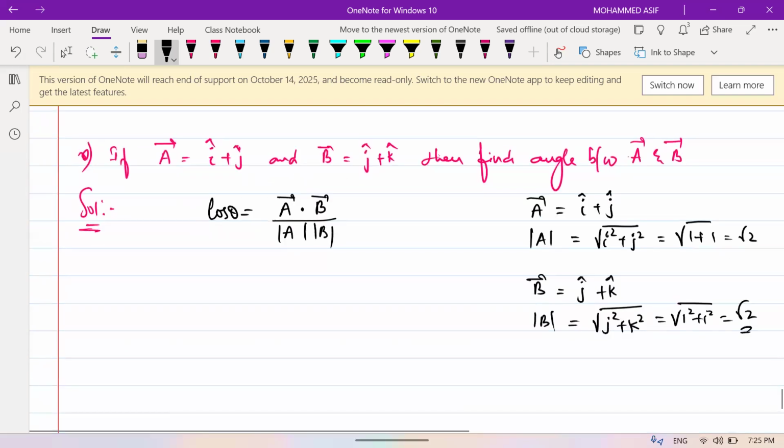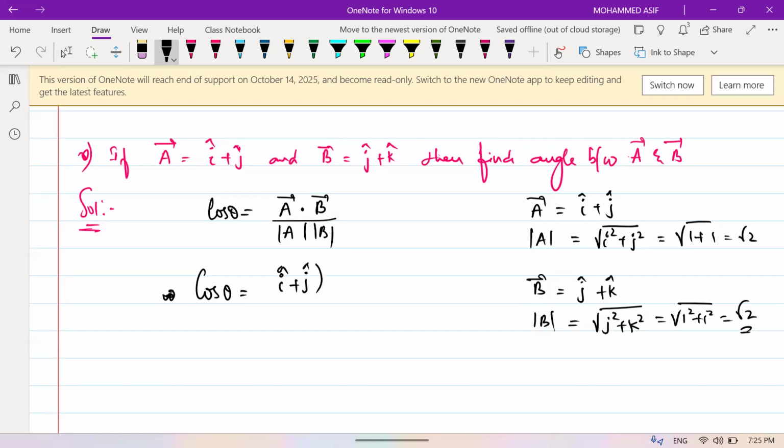Am I clear? Yes, sir. Cos theta will be equal to A bar dot B bar, that is I cap plus J cap dot J cap plus K cap, divided by mod A, which is root 2, into mod B, which is also root 2. Am I clear?